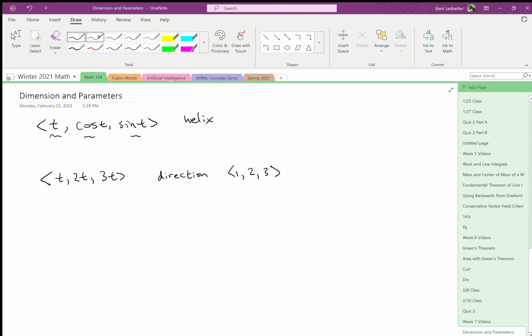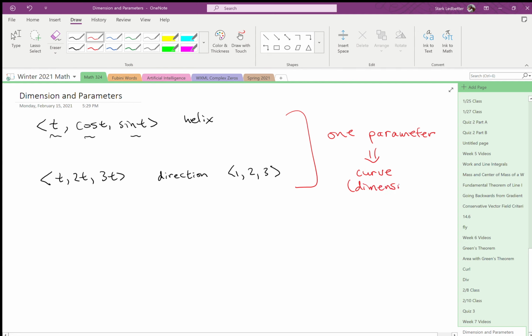Okay, so notice that there's one parameter in these curves, and that gives us a curve, which has dimension 1. And if you've taken linear algebra, you kind of know the concept of a free variable. So the number of parameters gives you the number of dimensions of the thing.